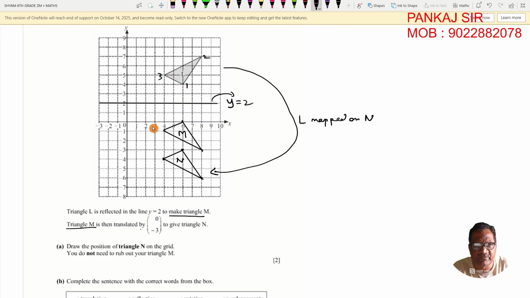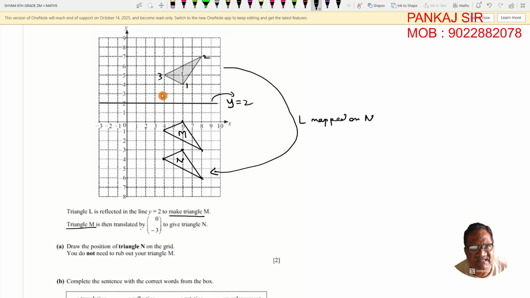And if you want to find the line of reflection, the mirror line, then it should be exactly the middle point. Okay. So this is 1, 2, 3, 4, 5, 6, 7. Right. We check it. 1, 2, 3, 4, 5, 6 and 7. Yeah.